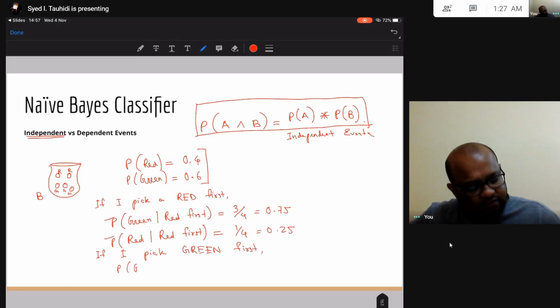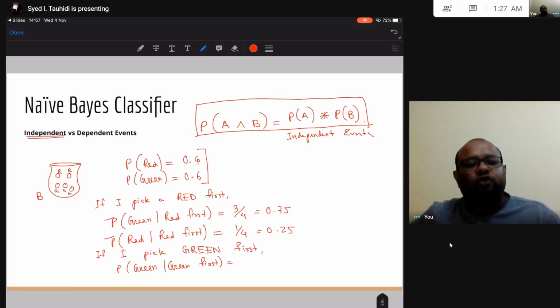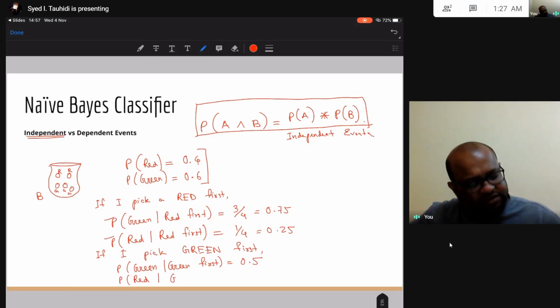Picking green, given I picked green first, there are going to be 4 marbles remaining, 2 of them green, 2 of them red, so this is going to be 50%. The probability of red, given that I had picked a green first, is also going to be 50%.